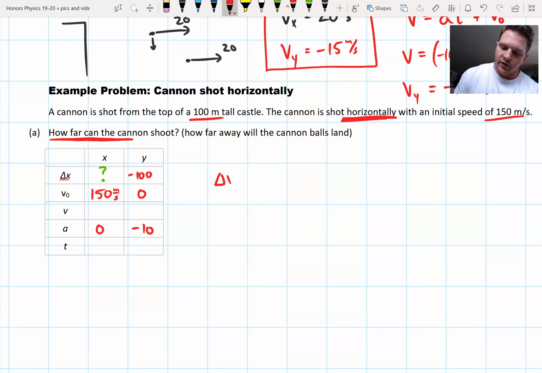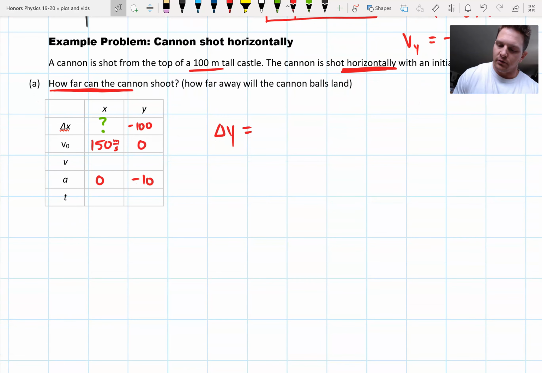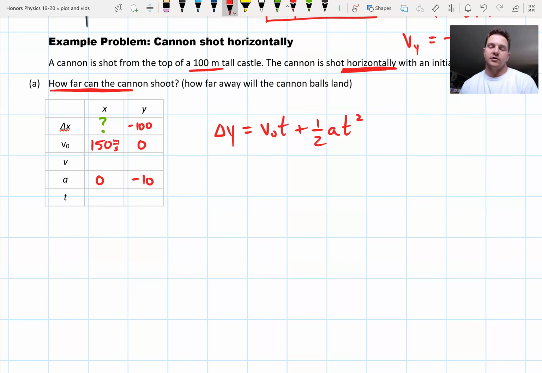So same equation we used earlier. Scroll that up a little bit. There we go. V naught times time plus 1/2 at squared. This is a horizontally launched projectile, so there's no initial velocity in the y direction. So that term goes away. All right.